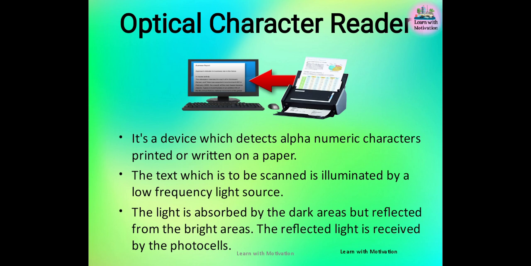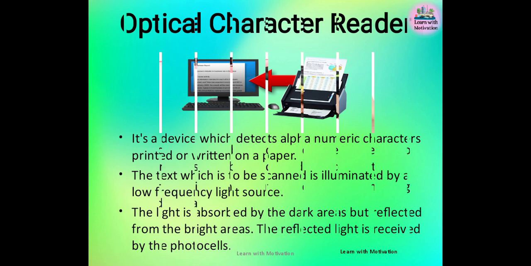The text which is to be scanned is illuminated by a low frequency light source. The light is absorbed by the dark area but reflected from the bright area. The reflected light is received by the photocell. You can see in the picture the OCR machine gives the input to the monitor.